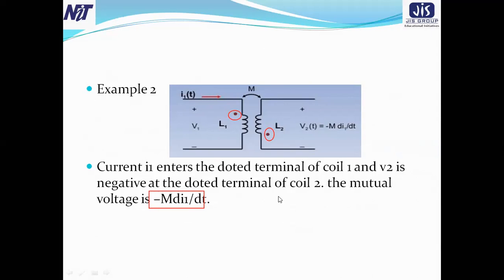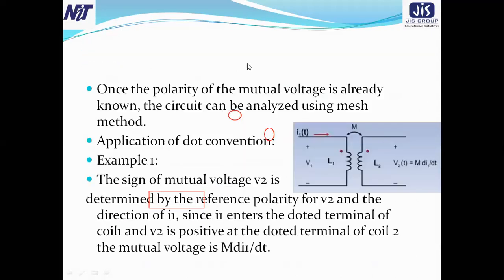And for the first case, the sign of mutual voltage V2 is determined by the reference polarity for V2 and the direction of I1. Since I1 enters the dotted terminal of coil 1, V2 is positive at the dotted terminal of coil 2.